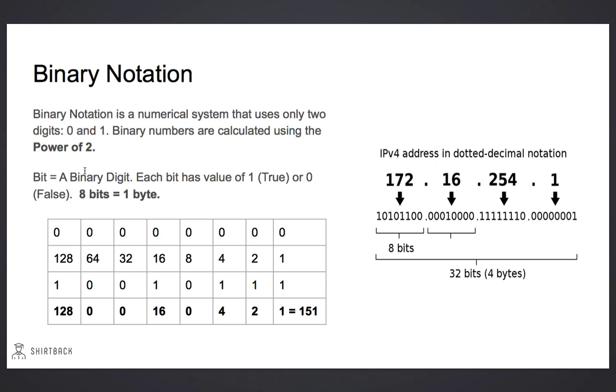Each number in binary is called a bit. Bit is short for binary digit. Each bit will have a value of either 1, which we call true, or 0, which we call false. 8 bits equals 1 byte.